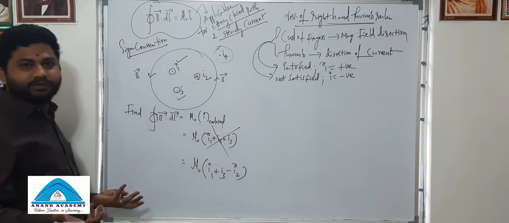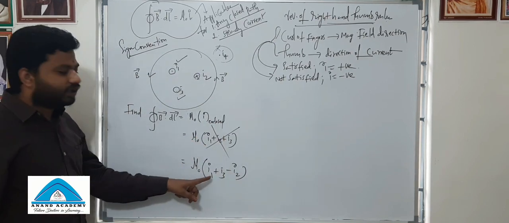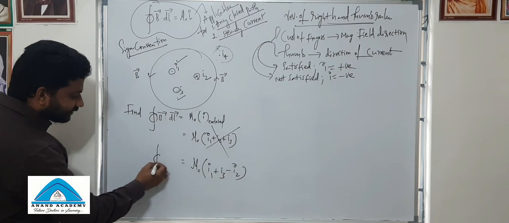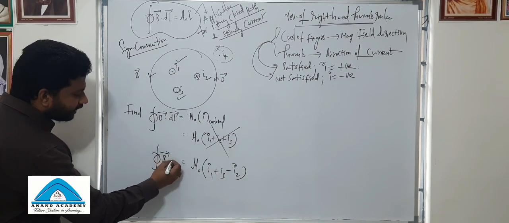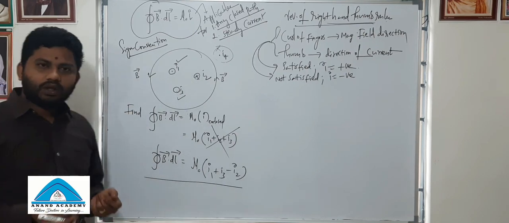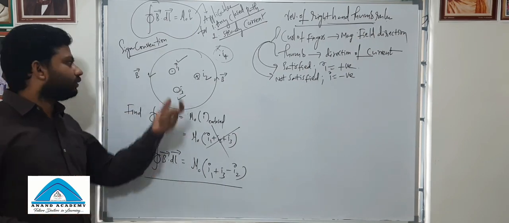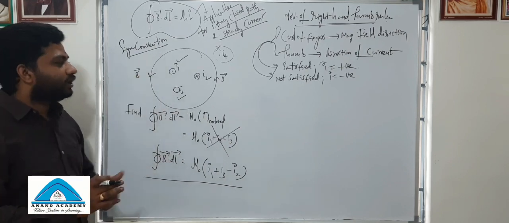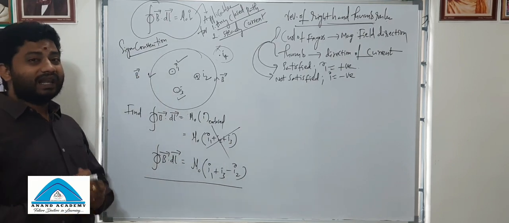So this is the concept. It's so simple, right? So mu naught into I1 minus I2 plus I3 is the line integral of magnetic field around a closed path. Many numericals you can make using this, but this is a basic idea I have given about the Ampere circuital law.